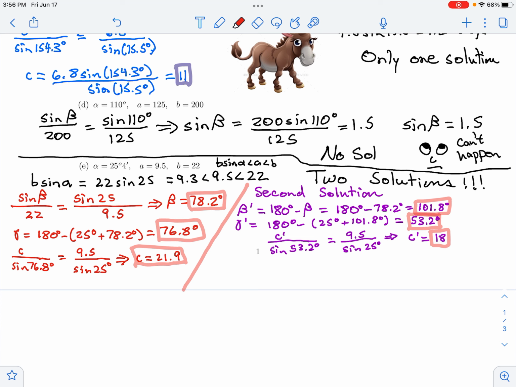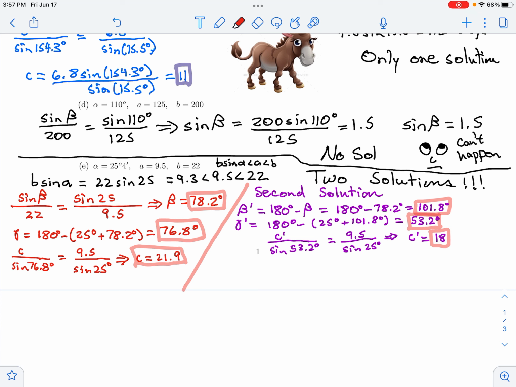By the way, the angle is really something like 25.06 degrees, and I just decided for simplicity, to illustrate how this process works, to call it 25 degrees. So that's why I'm working with 25 degrees here.